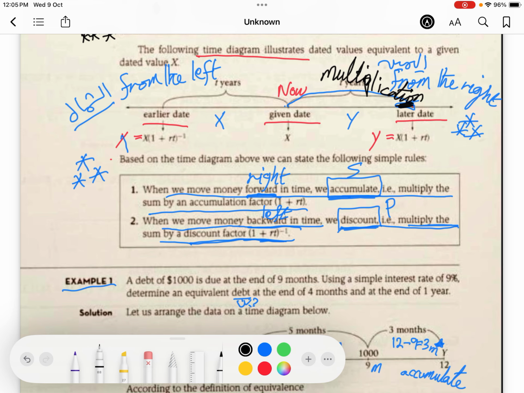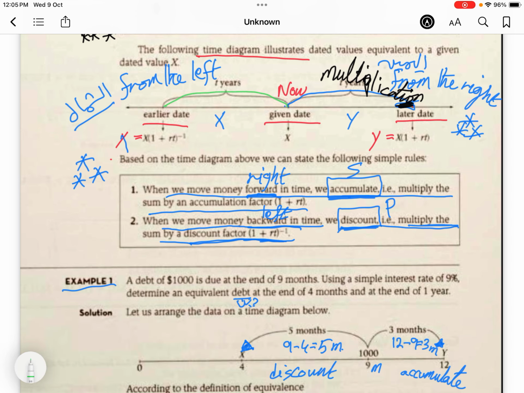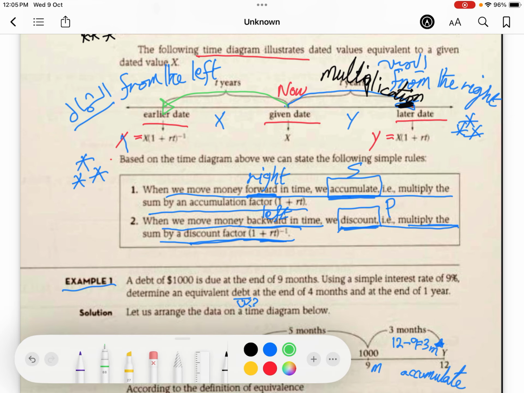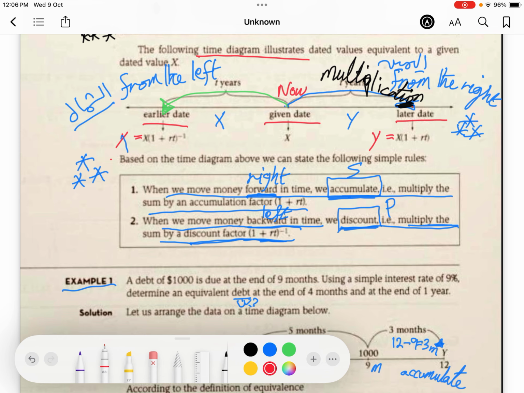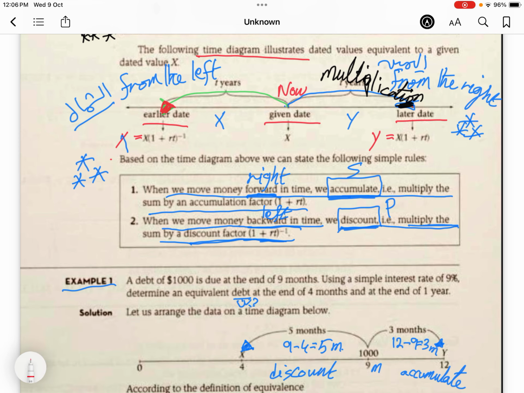But here, division. Which means going to the left you must divide, going to the right you must multiply.